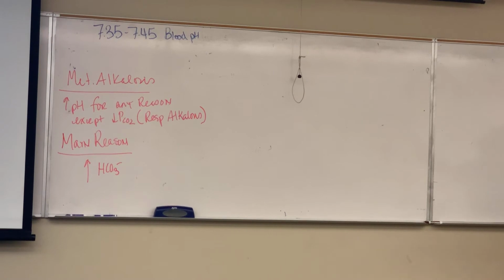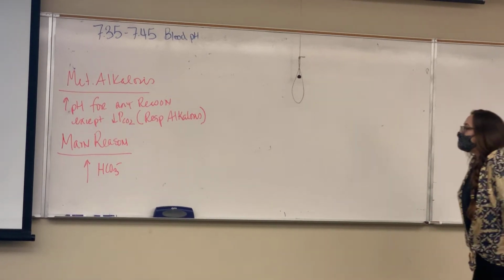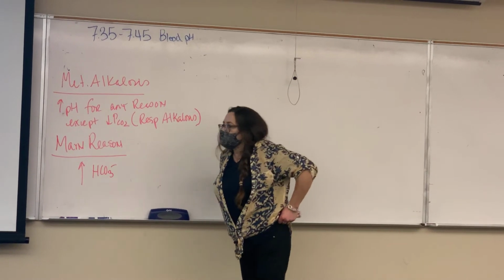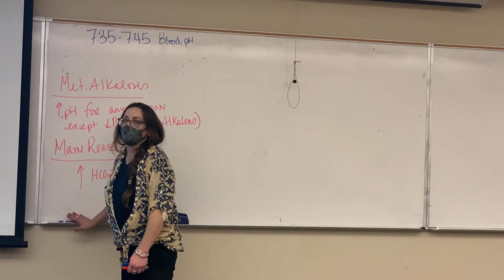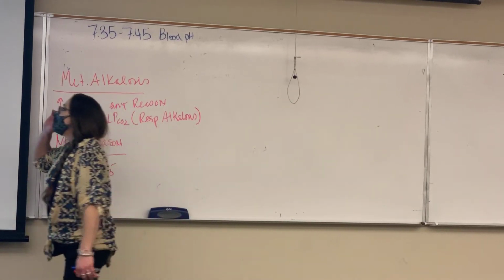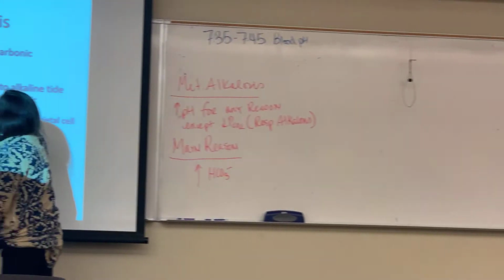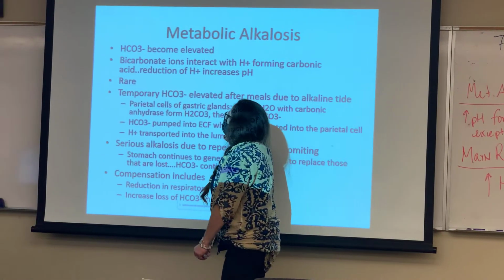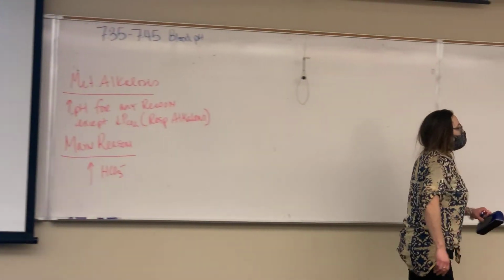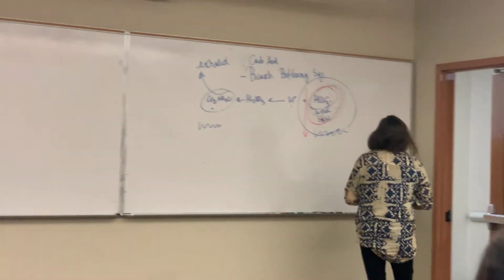We have a lot of bicarb, just typically. But here we're going to have an excessive amount of bicarb. Okay, so let's first say why that would cause pH to be too high, and then we'll say why it might happen.